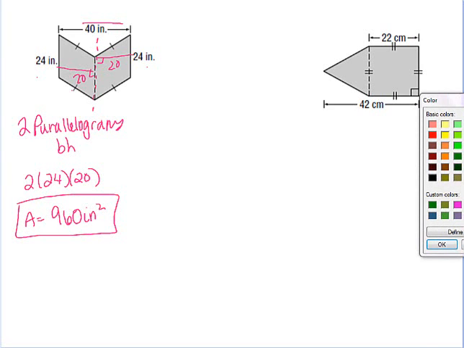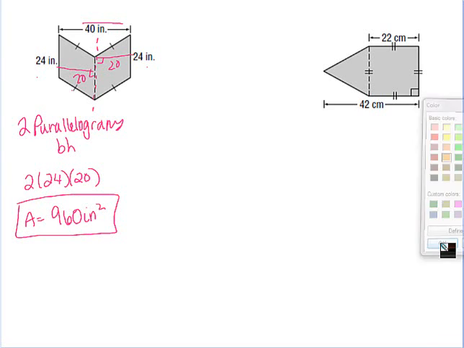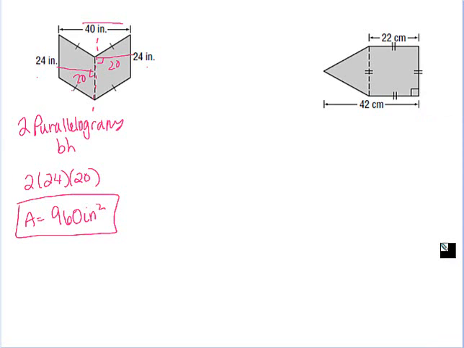Our second figure, we need to decide what this is made of. Well, we definitely have a square right here, and it looks like a triangle. So we will take the area of our triangle, and we will add on the area of our square. To find the area of a triangle, we can do 1/2 base times height.